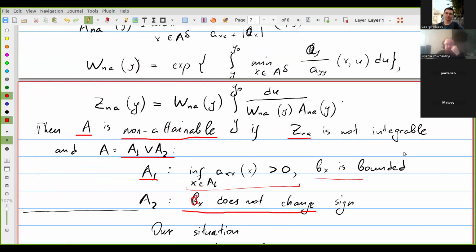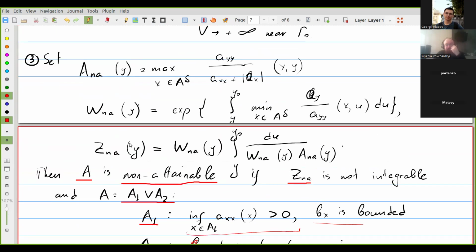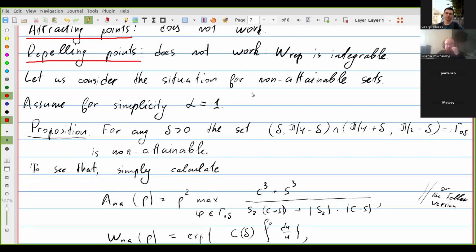However, if we switch to the last version, so to this formulation in terms of these functions, we can actually do some stuff. And let's start with the case when alpha is just 1.